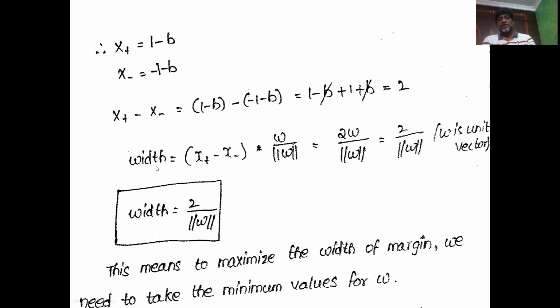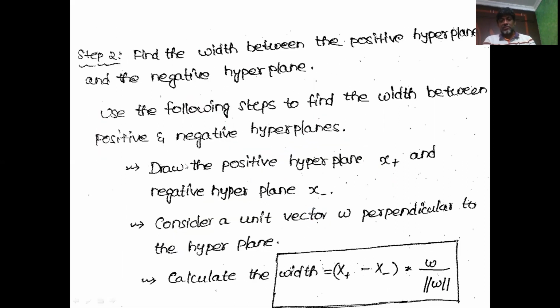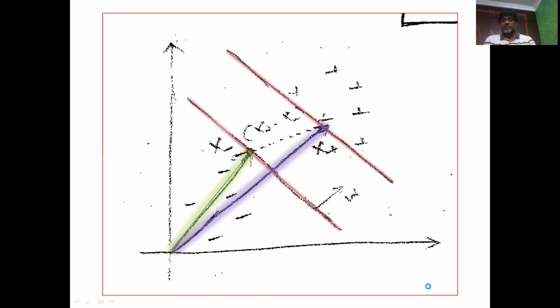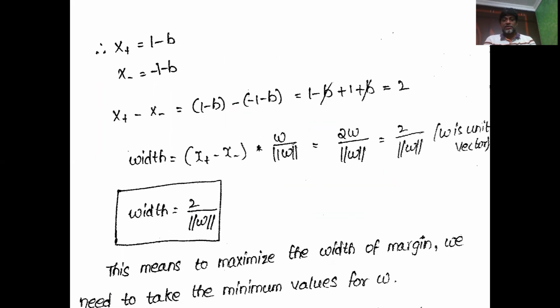Now what is the formula for calculating width? For calculating width, we have the formula width is equal to x plus minus x minus into w by mod w, the unit vector. Let us use this unit norm w also.